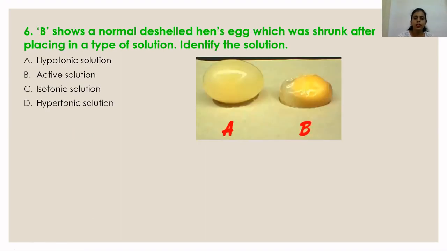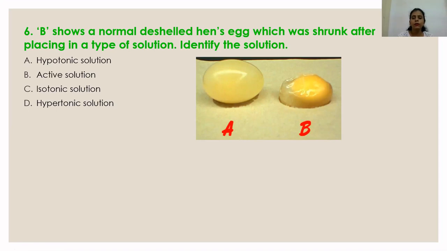The last question is, here they have given you two eggs, A and B. B shows a normal de-shelled hen's egg which shrunk after being placed in a type of solution. Shrunk means the egg has lost water.